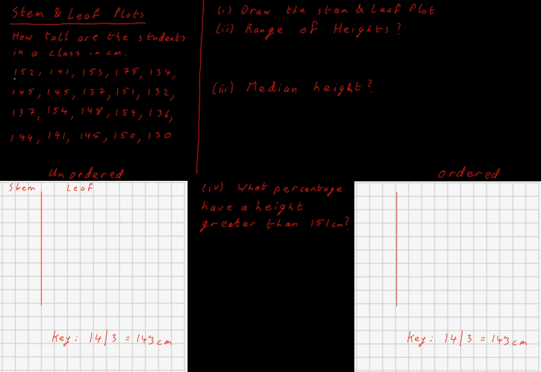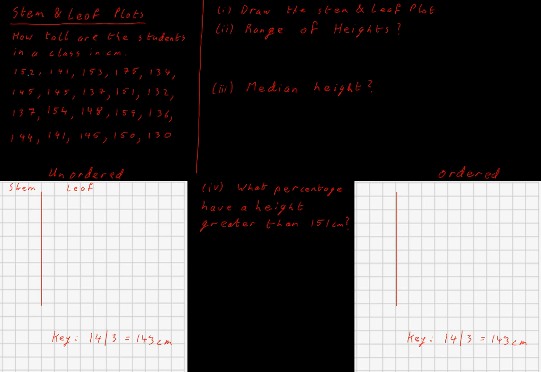And we can see that we have 152 centimeters, 141 centimeters, 153 centimeters, 175 centimeters, 134 centimeters. What we're going to do is group these in tens. So the people who are in the 150s, or 15 tens, will be in one group in the stem, and the people who would be 140 centimeters or some variation of 140 centimeters would be in another group in the stem.